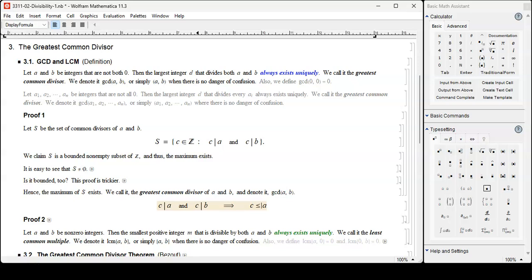A could be negative, so let's make it absolute value. And C is less than or equal to the absolute value of B, like this. Therefore, C is less than or equal to the minimum of the two. Smaller of the two.